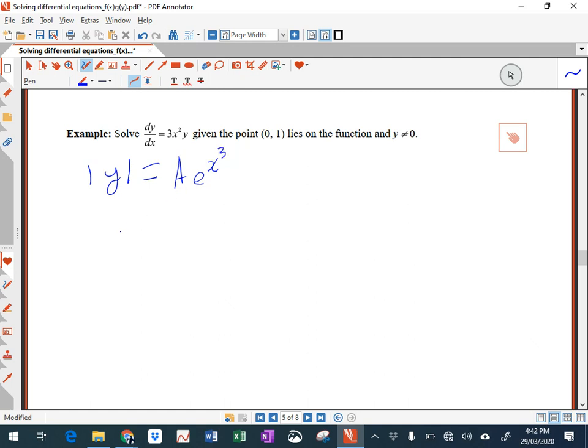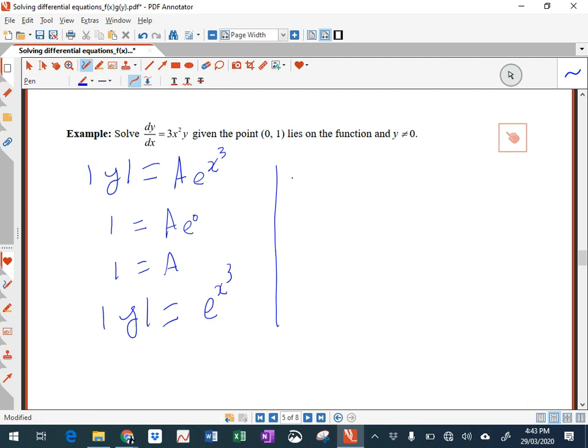Now it tells me that when x is 0, y is 1, so I'm just going to go 1 is equal to, now I could do modulus of 1, but it's just 1. 1 is equal to a e to the 0. So that means 1 is equal to a, and that means my equation is mod y equals 1 e to the x cubed. There we go.